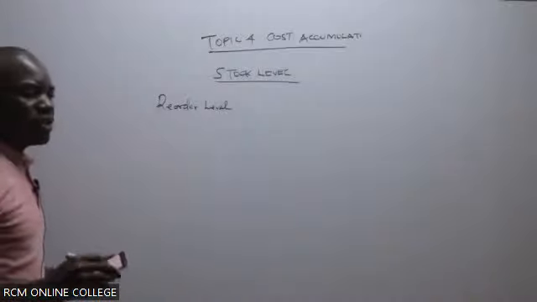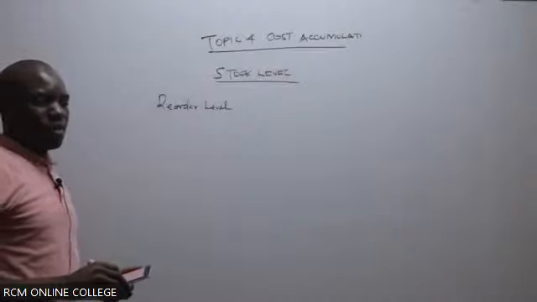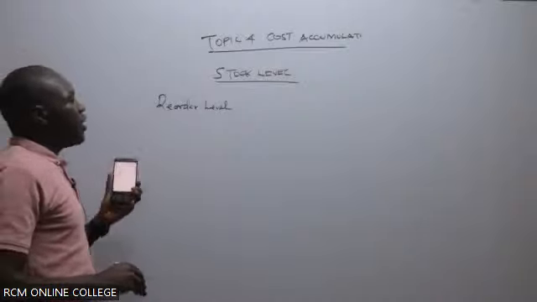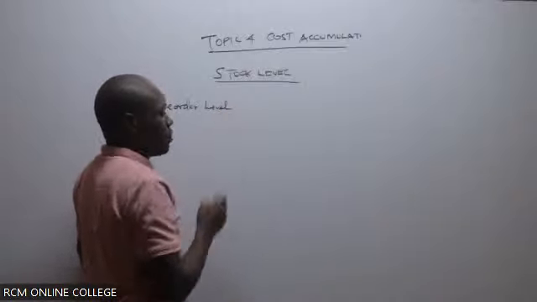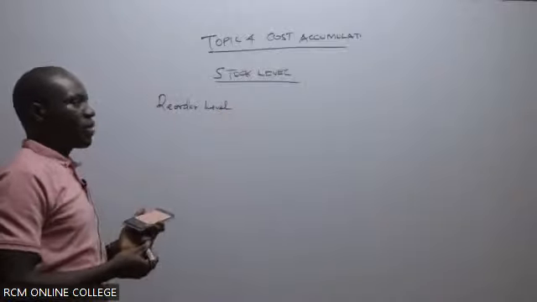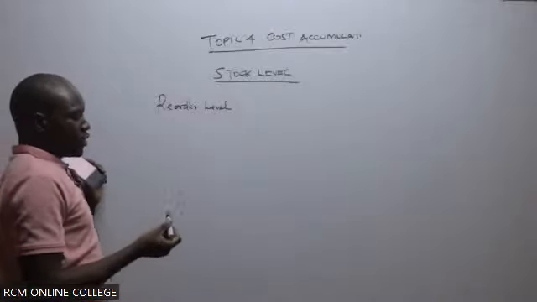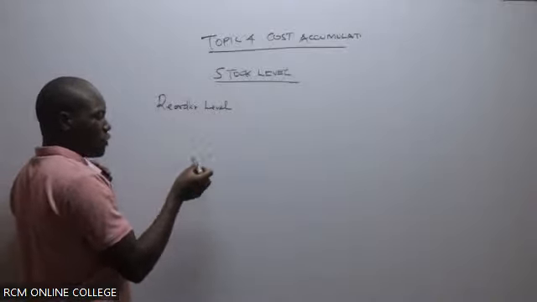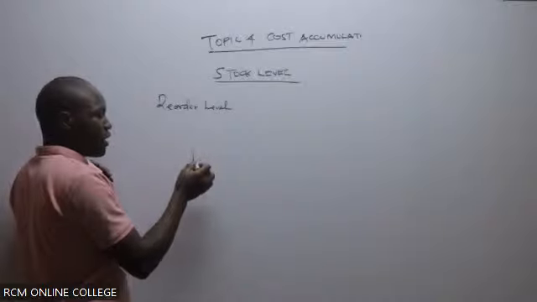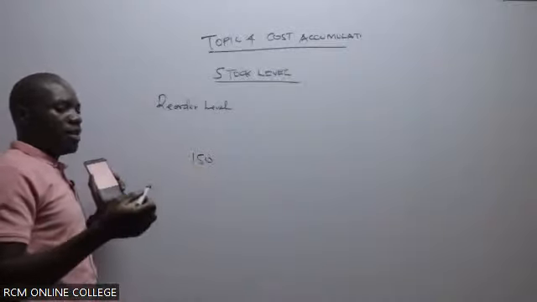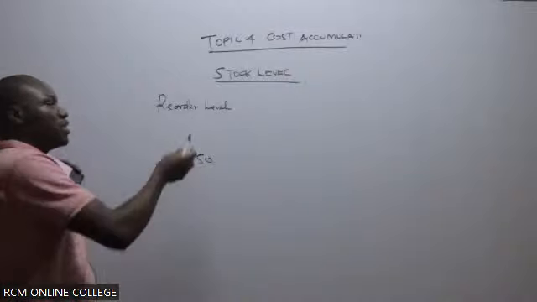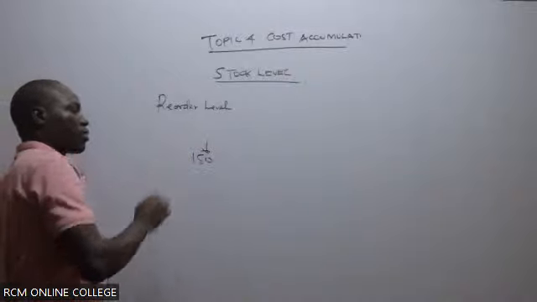At what particular point should we start being worried about what we are going to purchase? For example, we have said that so long as our inventory reaches 150, we must start processing another order so that we do the restocking.